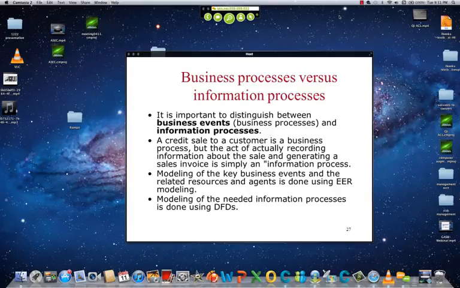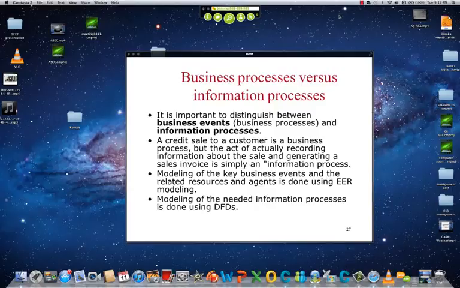An information process doesn't create information. It just captures information, processes it, and reports it. So an information process by itself does not create information. For example, you can have an accounting system which would record a sale.